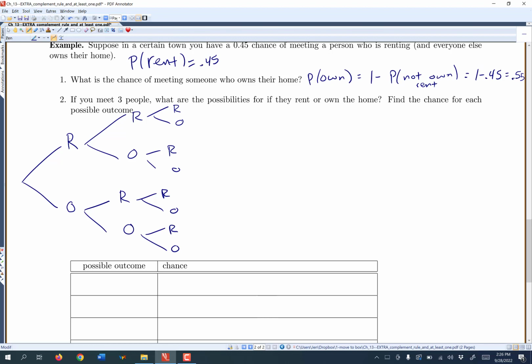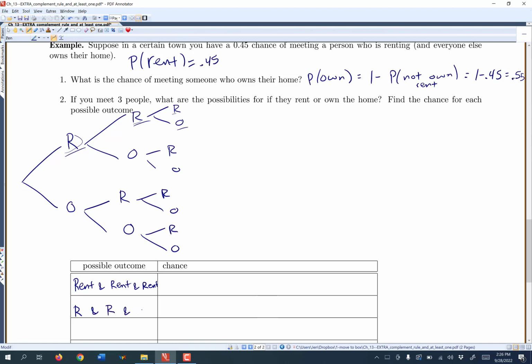So as I follow along, my 3 people could be rent and rent and rent. So I'm going to write this here as my possible outcome: rent, rent, rent. Or I could follow a different branch along the tree. I could say rent, rent, own. So then I'll write that here.